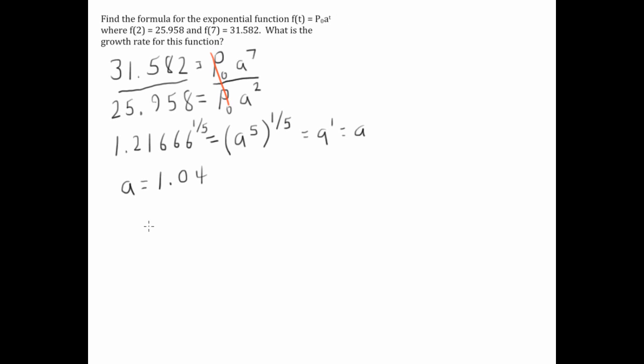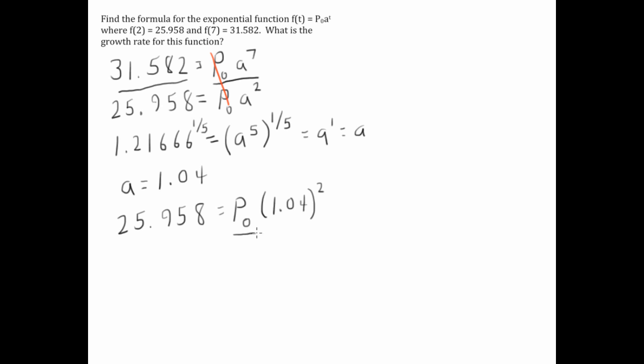Good. Alright, we need the p sub 0, which means we need to plug in this value of a into one of these two equations and solve for p sub 0. Let's plug into the second equation. Actually, it will not make any difference as long as you're careful. Aha!